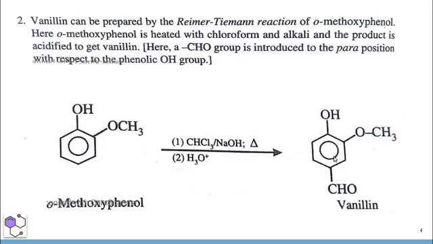Some amount of ortho compound is also produced, but that is not vanillin, that is some other compound, ortho-vanillin. We want to get vanillin, so the preparation method only includes the formation of vanillin, not the other compound. So we are getting vanillin from orthomethoxyphenol by the Reimer-Tiemann reaction in the second method.